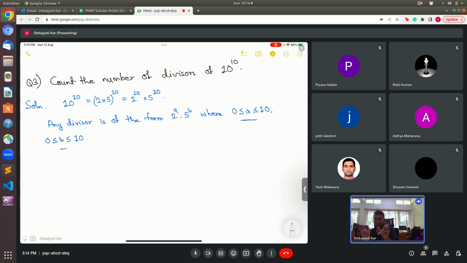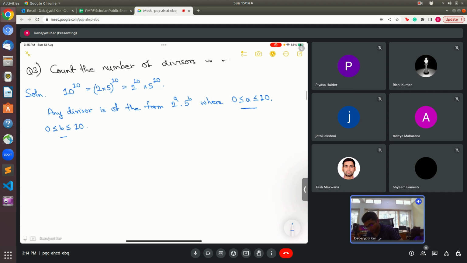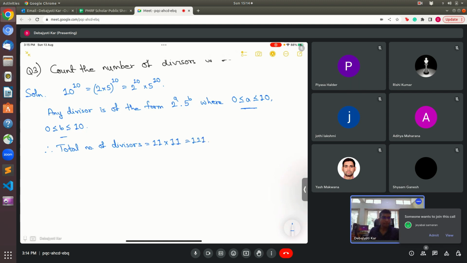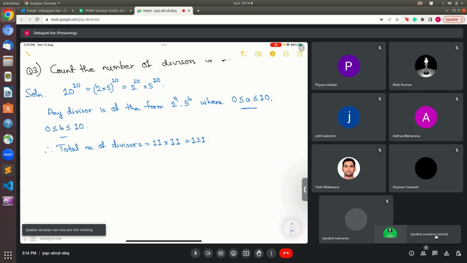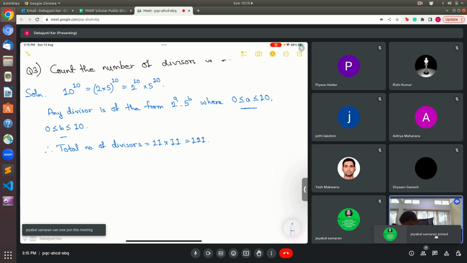For each such pair a, b, we get a unique divisor of 10 to the power 10. So hence, what is the number of divisors? There are 11 squared, that is 121 divisors of this number.